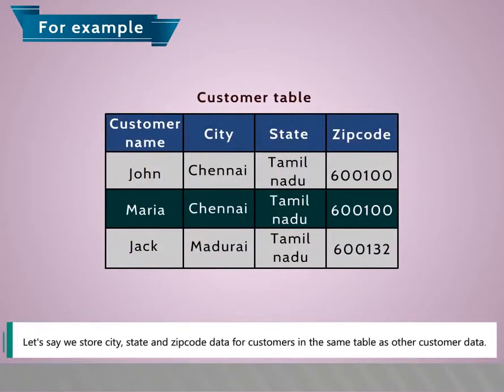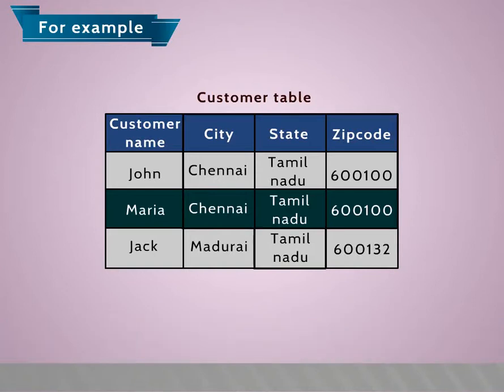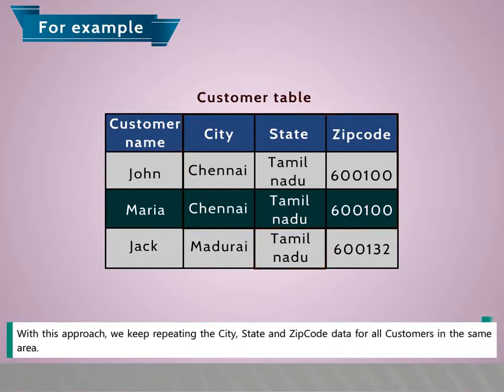For example, let's say we store city, state, and zip code data for customers in the same table as other customer data. With this approach, we keep repeating the city, state, and zip code data for all customers in the same area.